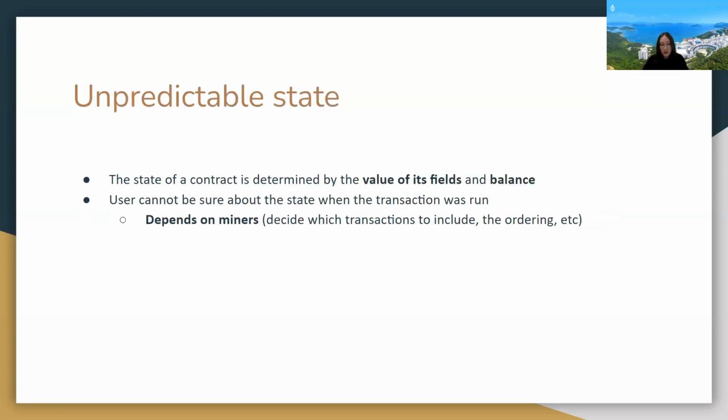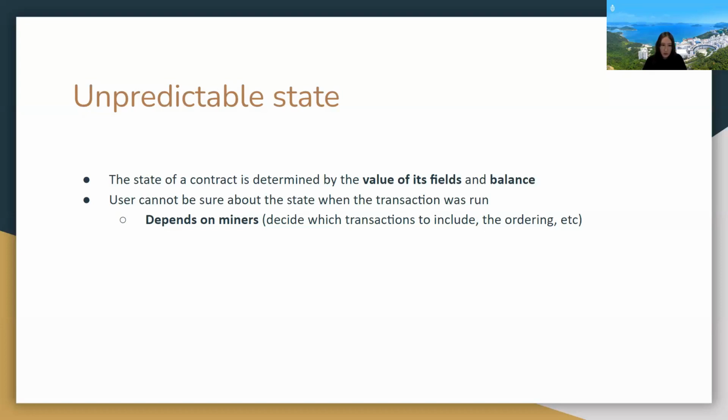And the next one is unpredictable state. So the state of the contract is determined by the values of the fields and also the balance of the contract. So when you run a specific transaction, you cannot be sure about the state of the blockchain at that moment, because when you send a transaction, it doesn't immediately alter the state.